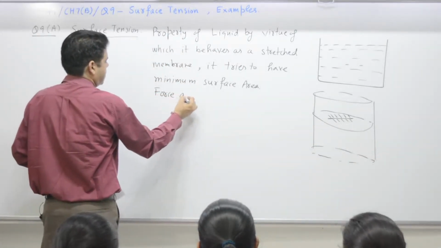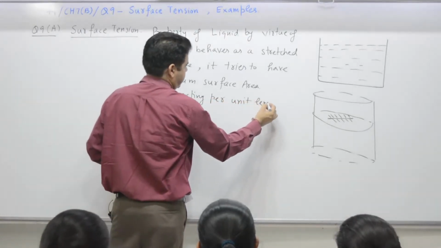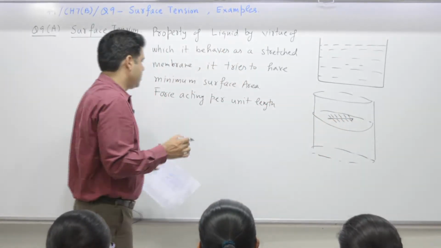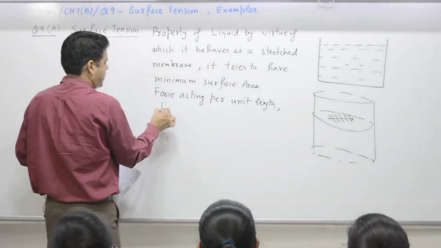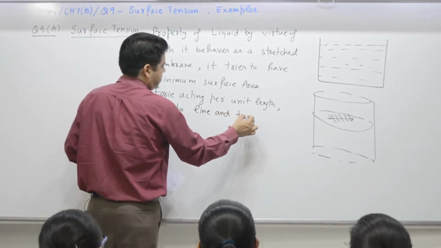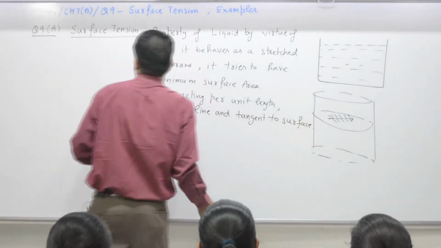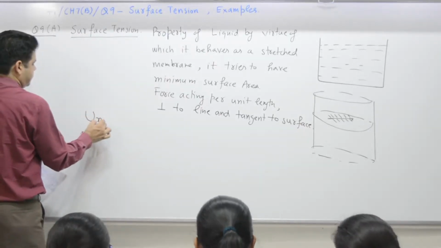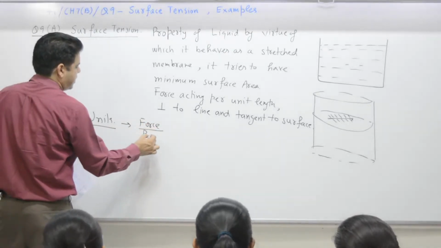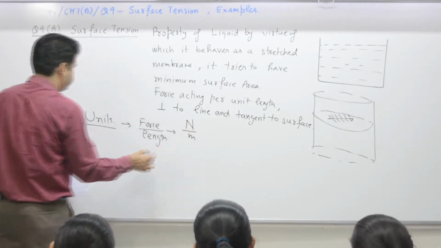Force acting per unit length, perpendicular to this imaginary line and tangent to the surface. Units. Force per unit length is what? Newton per meter.